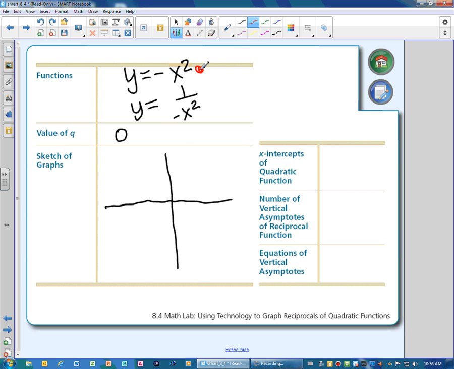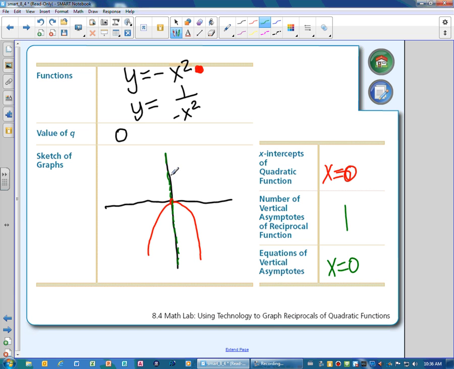Y equals negative x squared. Crosses at 0, opens downwards. So it looks like this. X-intercept just at 0, so I only have one vertical asymptote. Your vertical asymptote is always where the original crosses or touches the x-axis. Number of vertical asymptotes 1, your x is 0.